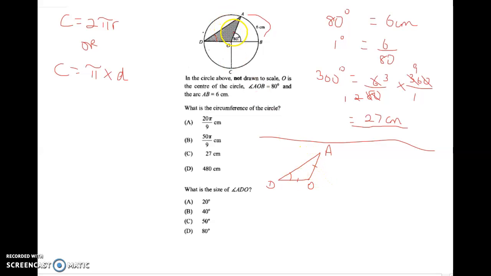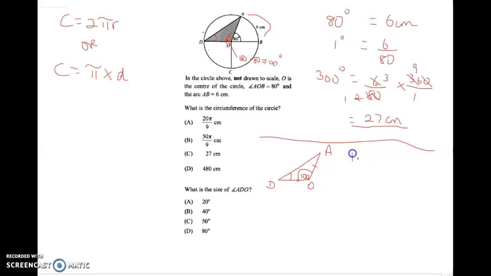We have this 80 degrees over here, right? Could we find this inside here? Yes, we can. How could we find it? Angles on a straight line add up to 180. So this is actually 180 take away 80, which is 100 degrees. So this here is 100, right?